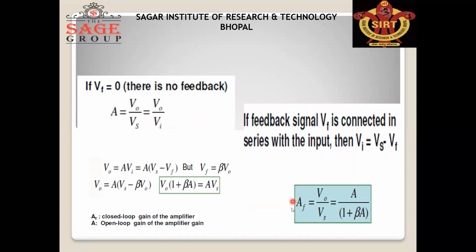From this equation we conclude that the gain of the amplifier with feedback is reduced in a negative feedback amplifier by the factor 1 plus A beta. This is the disadvantage of a negative feedback amplifier. So the principle is that when we apply negative feedback in the amplifier, its gain will be reduced by the factor 1 plus A beta.